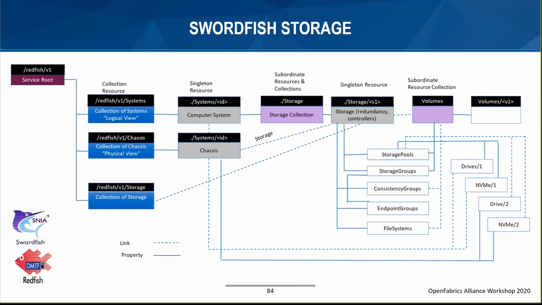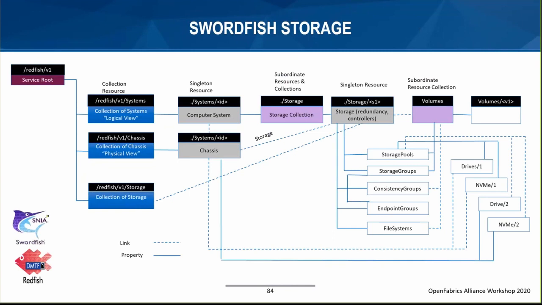So this is how the various resources in both REDFISH and Swordfish are laid out so that you can do management of these resources. Like we see, we have different colored blocks. Let me tell you what those are. The blue and the purple blocks are nothing but the resource collections. Those are a set of resources of a similar kind. And the gray blocks are nothing but the singleton resources.